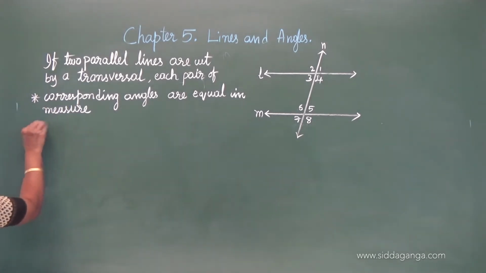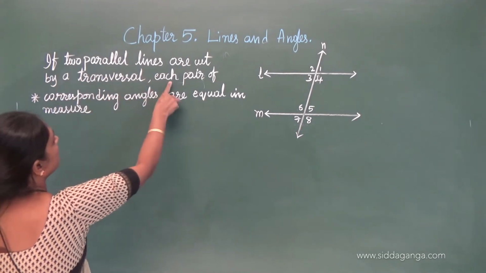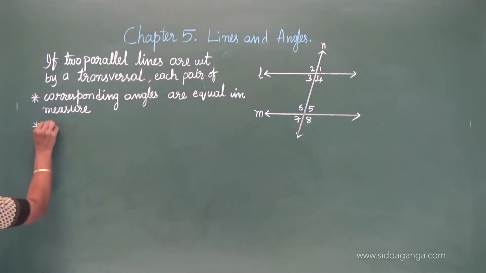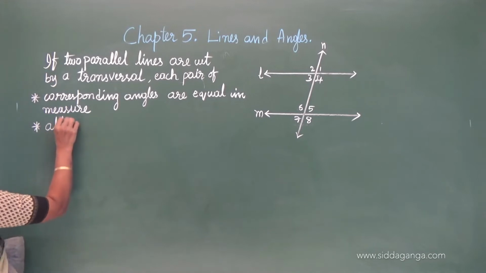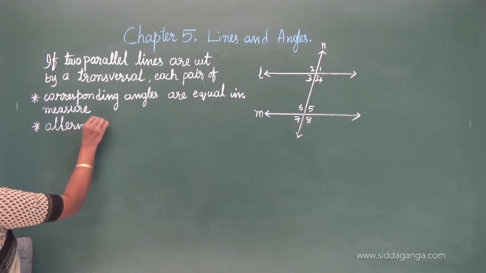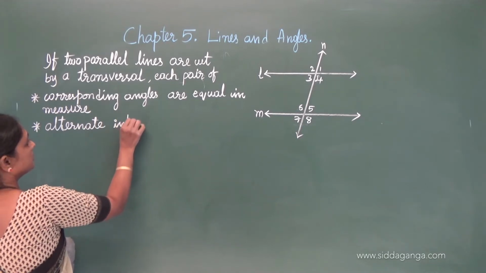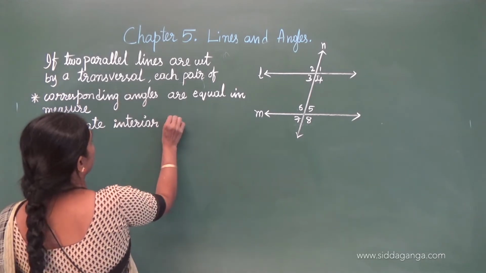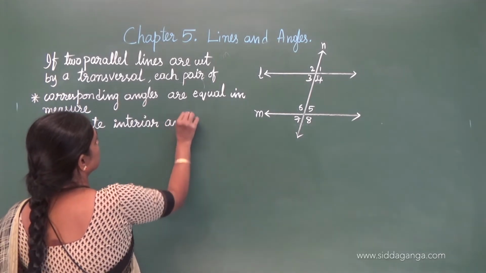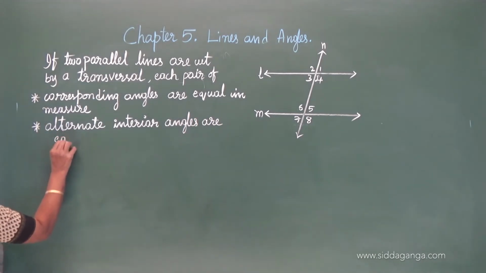And the second one is, if two parallel lines are cut by a transversal, each pair of alternate interior angles are equal in measure.